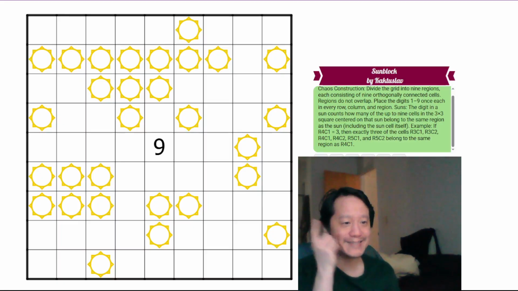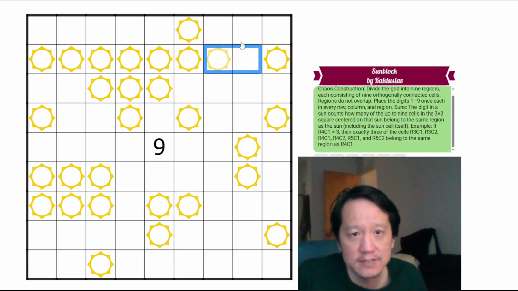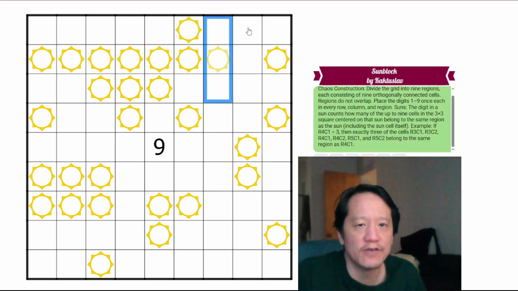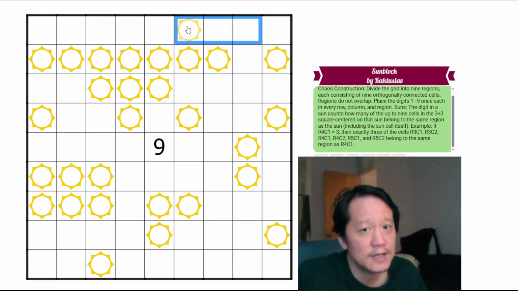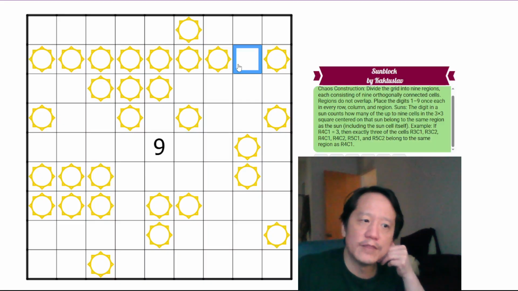So every sun is guaranteed to have at least 1 other digit in the 3x3 box sharing the same region. Because otherwise, if it doesn't, then it's not going to be orthogonally connected to its region.